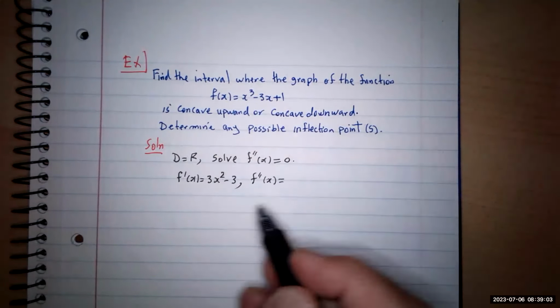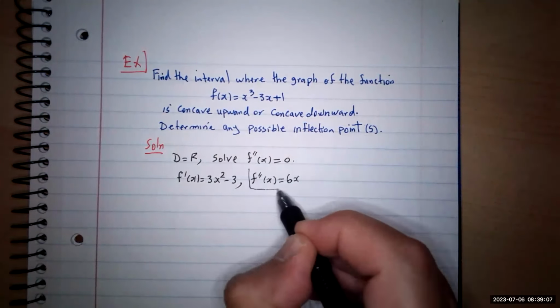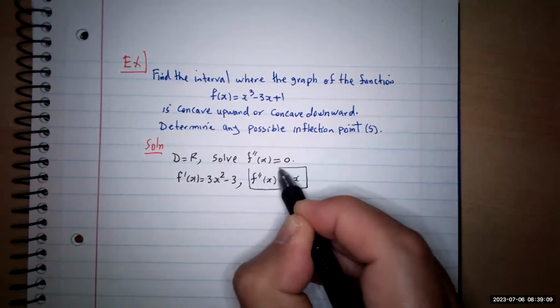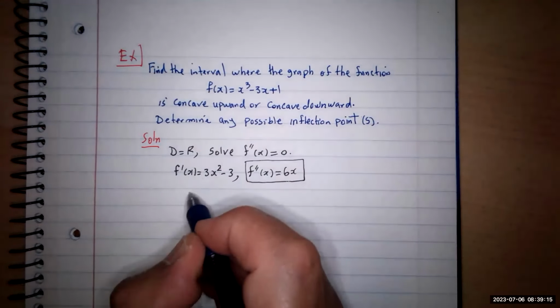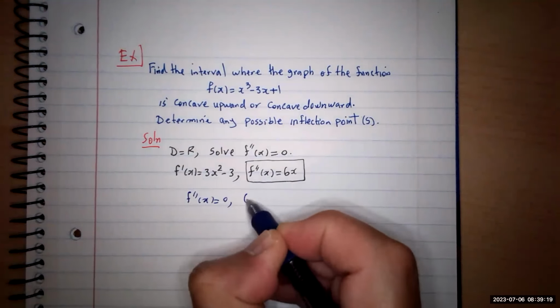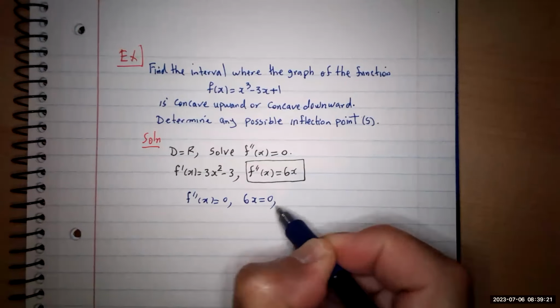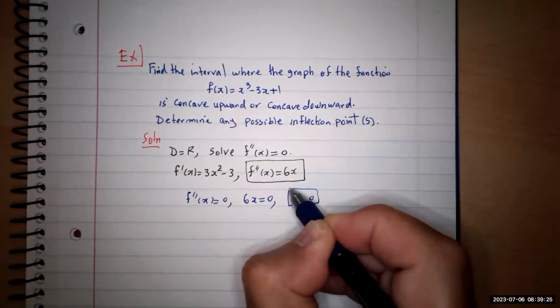Differentiate: 2 times 3 is 6, so 6x. This is where you stop. You need f double prime for the concavity. Let it equal 0 to find the possible inflection point. So 6x equals 0, and x is 0.